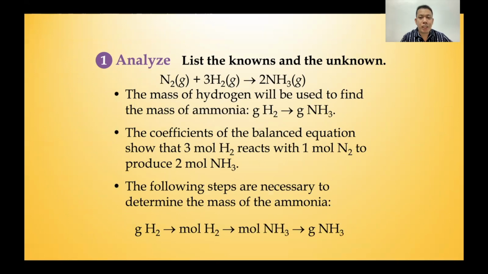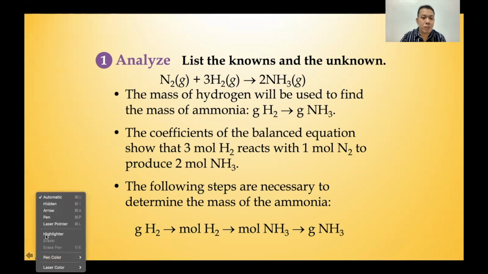So list the knowns and the unknown. The mass of hydrogen will be used to find the mass of ammonia. So grams of hydrogen and grams of ammonia. The coefficients of the balanced equation show that 3 mole of H2 react with 1 mole of N2 to produce 2 mole of ammonia. Let me show it again to you.